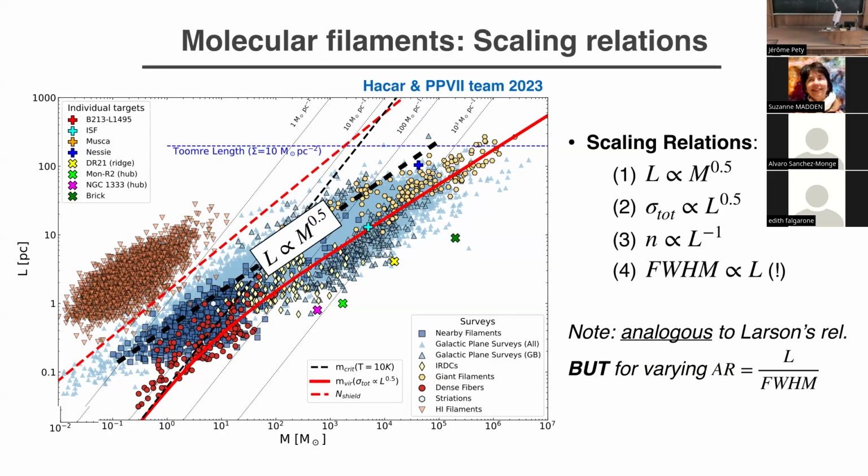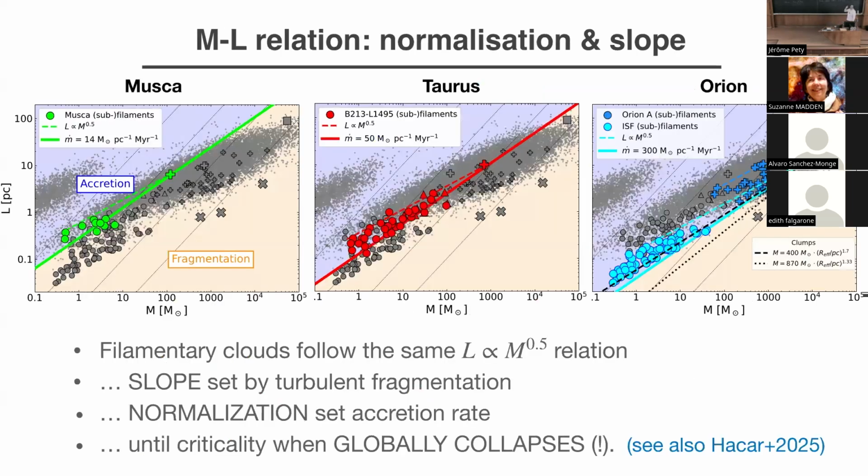Which is interesting because this connects with the scaling relationships of the ISM that have been discussed for decades in the Larson relationship, with the extra thing that we decouple the length and the width of filaments. And that gives you a different relationship for the aspect ratio of these objects. I don't have time to talk about that. But what is important is that different filaments occupy different parts of the plot.